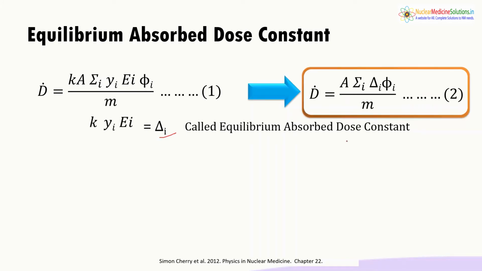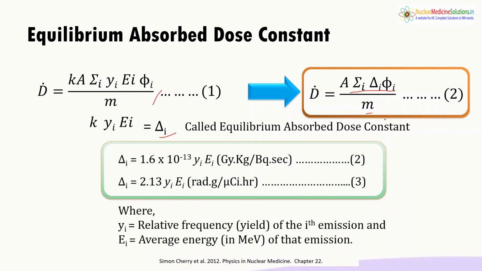Therefore, the equation of absorbed dose rate becomes delta i into A into sigma phi i divided by M. It is the same equation, just a simplification of terms where three terms are clubbed together, and the value of delta i is 1.6 into 10 to the power minus 13, which is again K, the value of K in the SI system, times Y i, the yield, and E i, the energy. Y i is sometimes referred to as n also in many documents, so do not get confused.